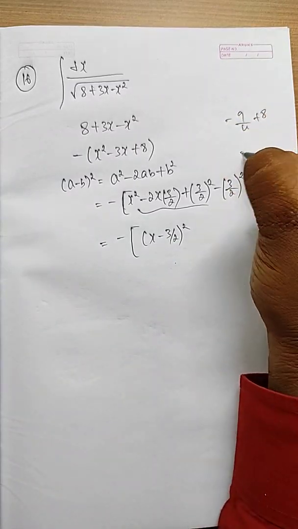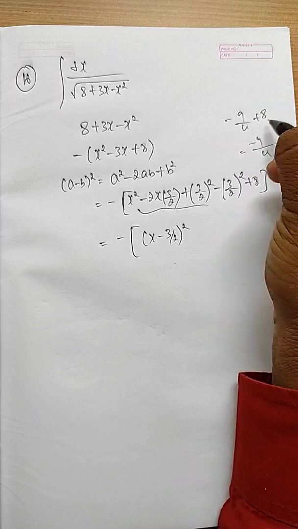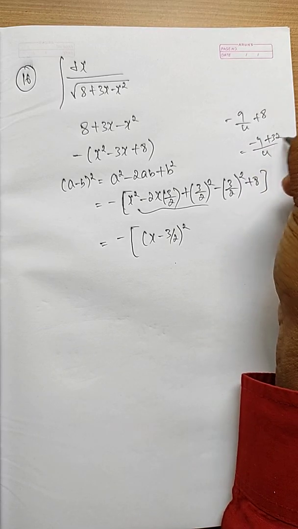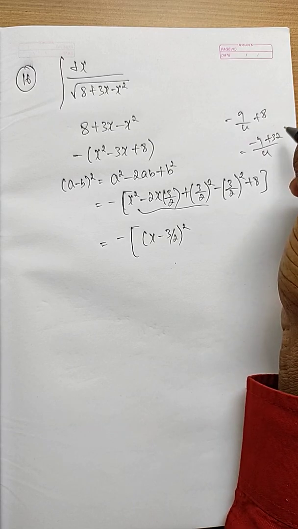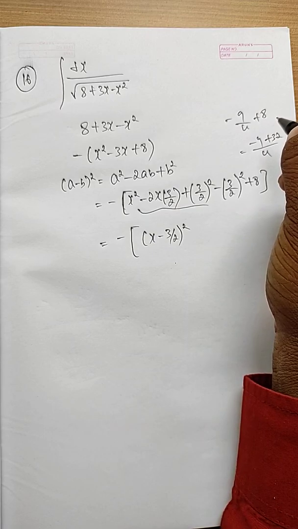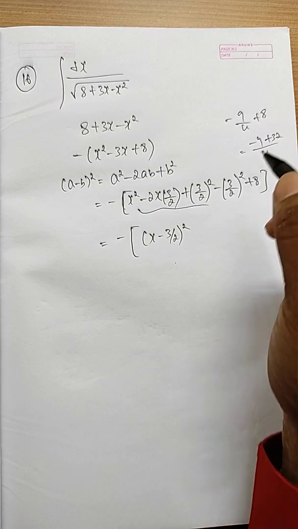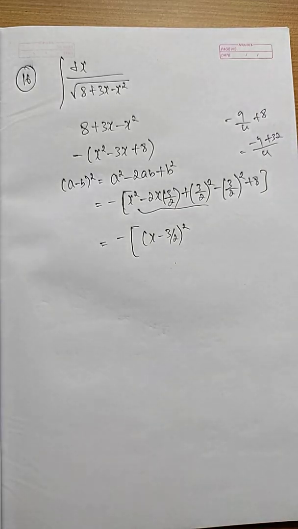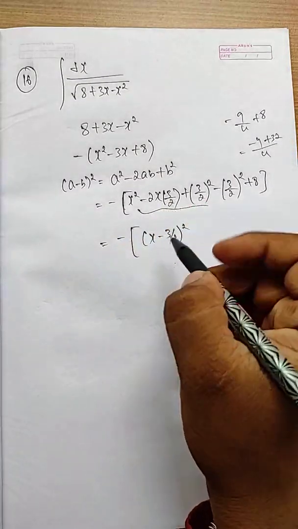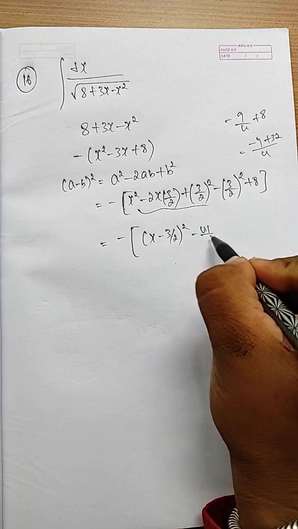So minus 9 by 4 plus 8: 4 is the LCM, minus 9, 1 4 is 4, 8 4 is 32. So plus 32. So 32 minus 9 means minus 41 by 4.